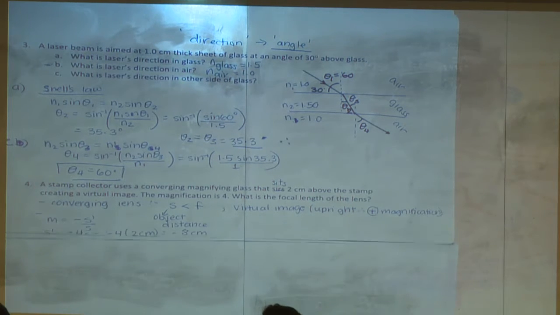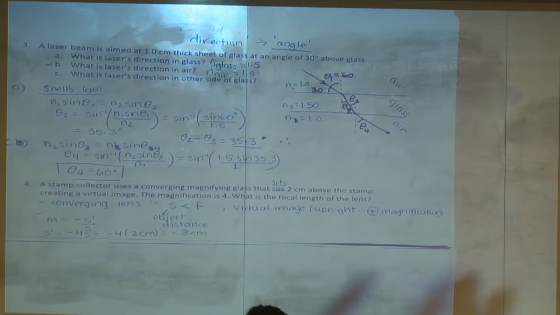Okay, quick review for the image. We have a virtual image, which means that it is an upright image, and that's going to have a positive magnification. So the magnification stays 4 for now. Because we have a virtual image, our image distance is going to be negative, right?